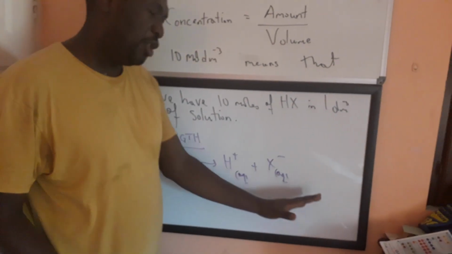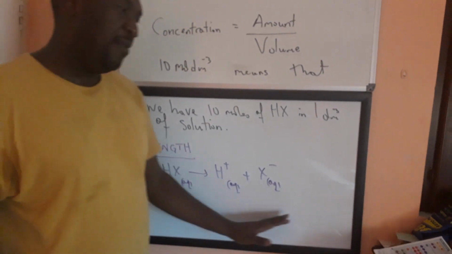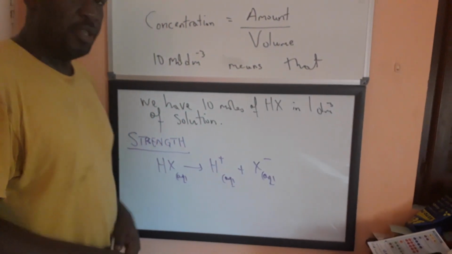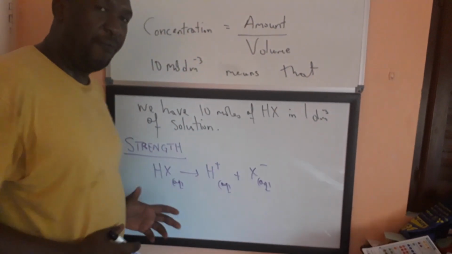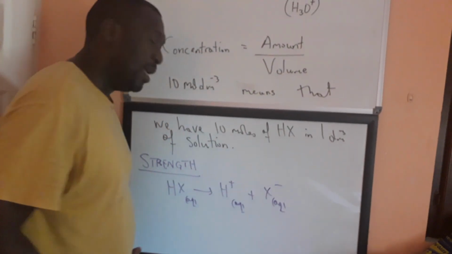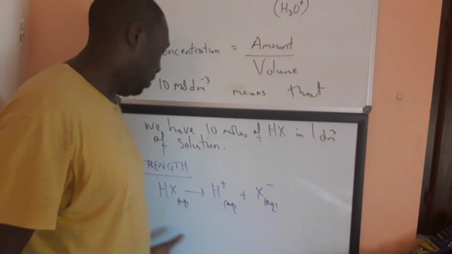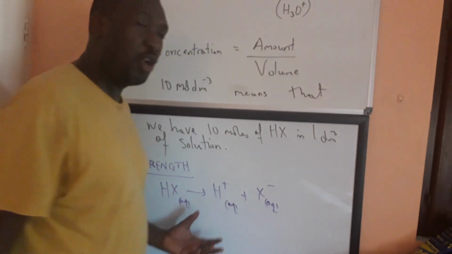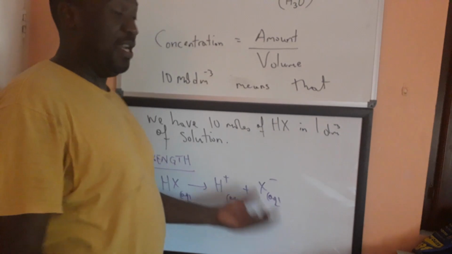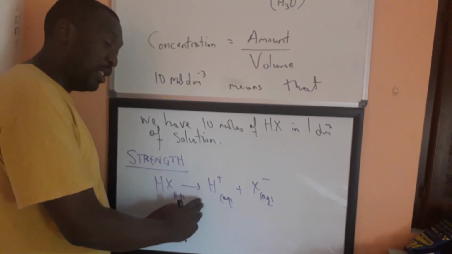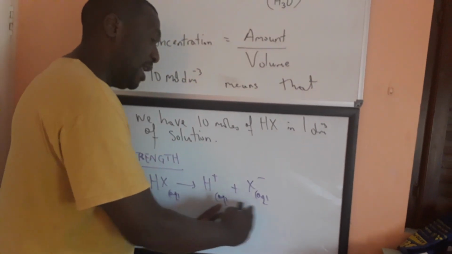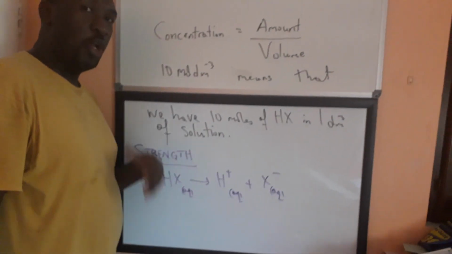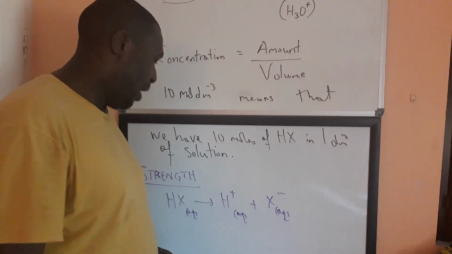But this dissociation is not the same for different acids. So there are some acids that are fully dissociated. So if I put 1,000 molecules of HX in water, for example, then the whole 1,000 of them, or close to 1,000, 999 or 998, dissociate, break down to give you H+ and X- in solution. Those acids are called strong acids.